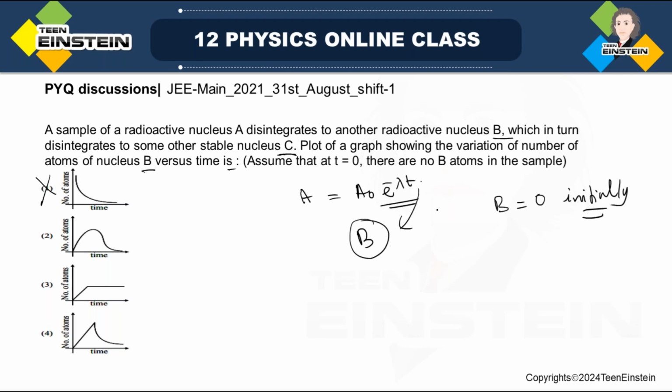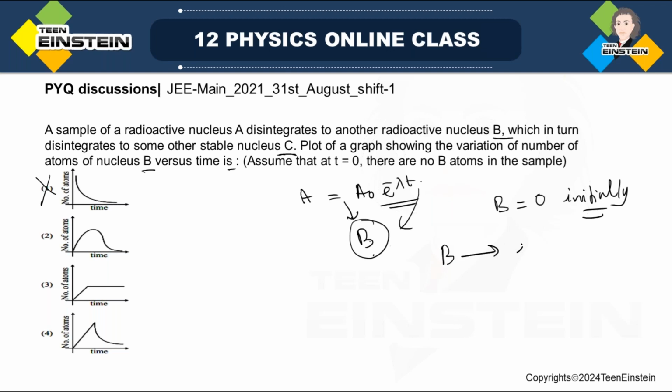Now, after decaying you are getting B, and B also starts decaying. But B starts decaying only after it has been produced, so by the time it starts decaying, the number of B atoms will be increasing.